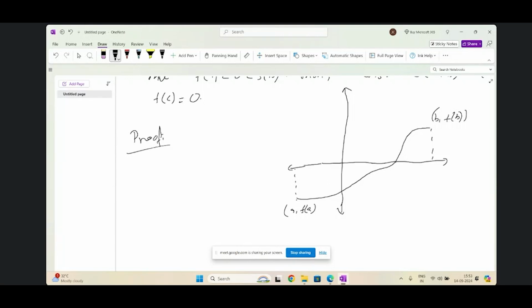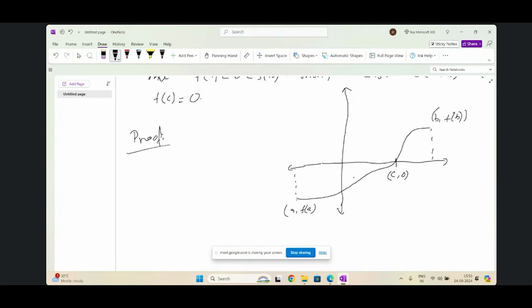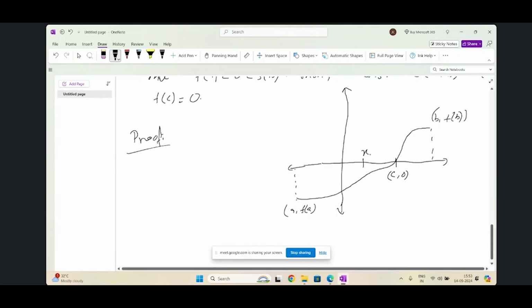So how do we create a set? Let us observe one thing. If you take any x less than c, you will find f(y) is less than or equal to 0, or we can say less than 0 because we are not including c. f(y) is less than 0 for y belonging to [a, x].